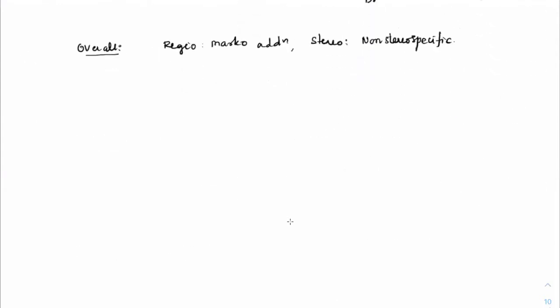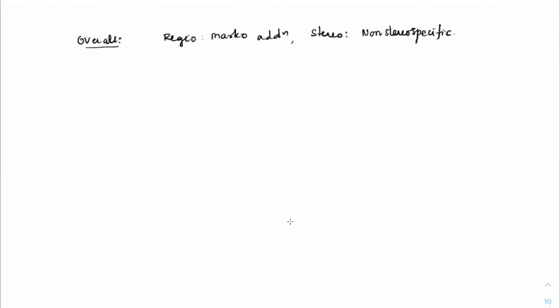Next, in case we have peroxide, the concept of anti-Markovnikov will be followed. So HBr shows anti-Markovnikov addition in the presence of peroxide.